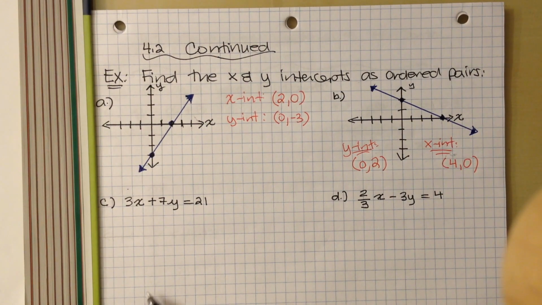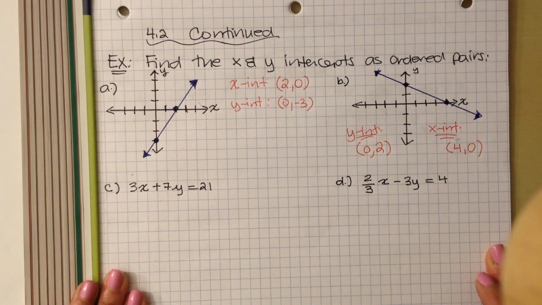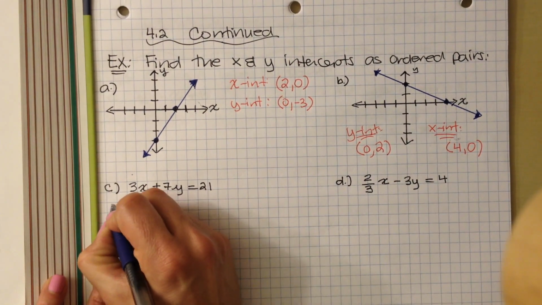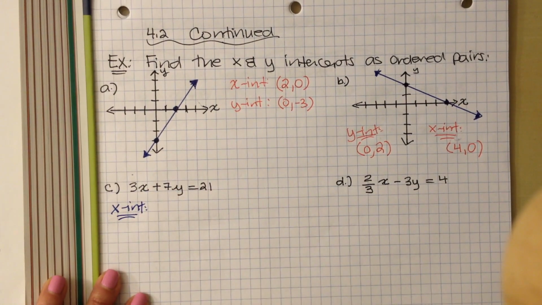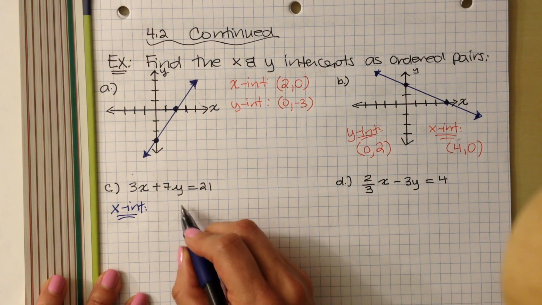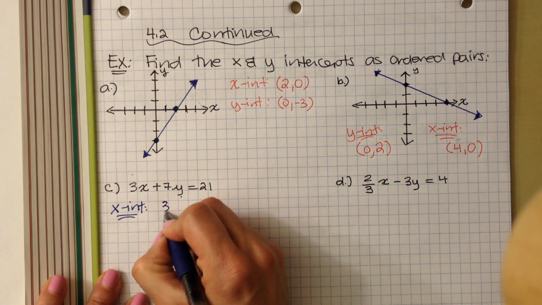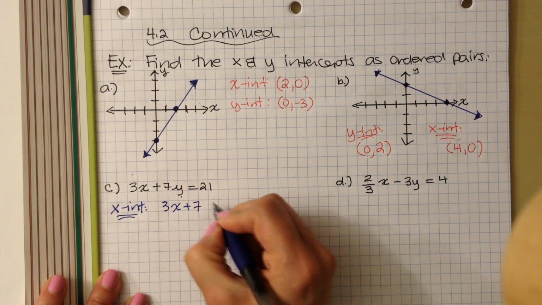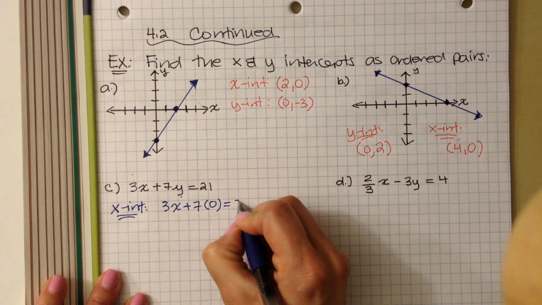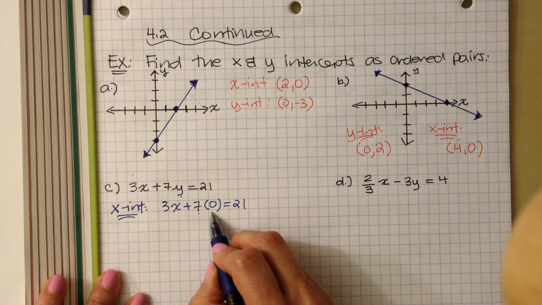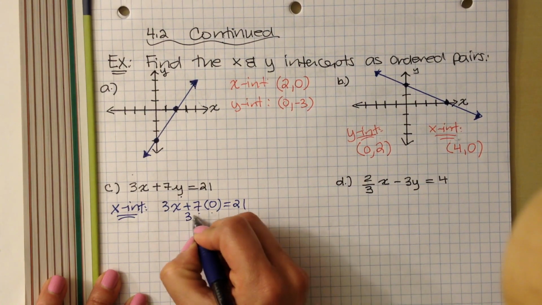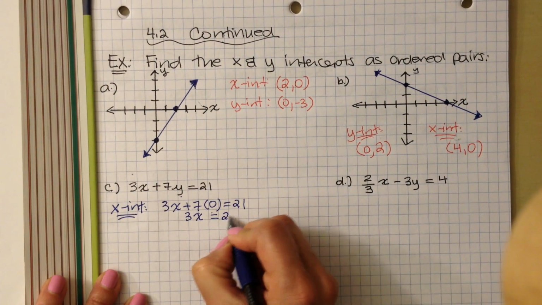If you are given just an equation to figure out the x and y intercepts, let me show you how to do that. Let's look at example C. To calculate the x-intercept, remember for your x-intercept, y is 0, so we substitute 0 for y and solve for x. 7 times 0 is 0, and so we really have 3x equal to 21.